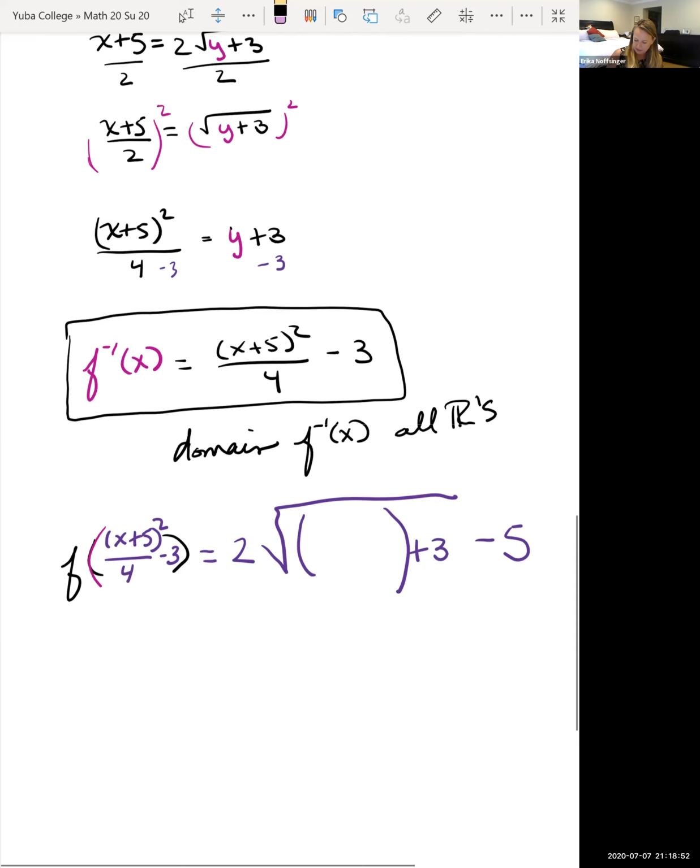Okay, so let's plug that in wherever you see an x here. So we have x plus 5 quantity squared all over 4, and then a minus 3.